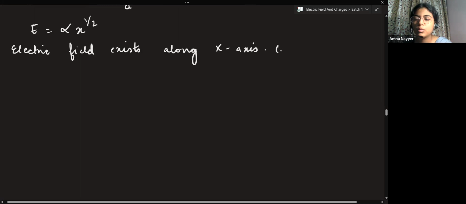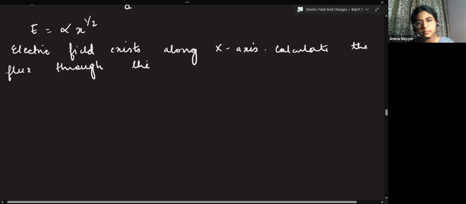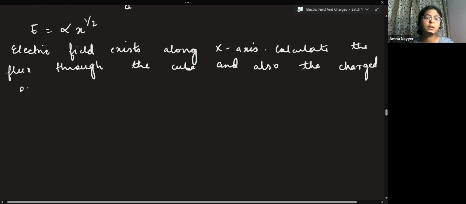You have to calculate the flux through the cube and also the charge enclosed.